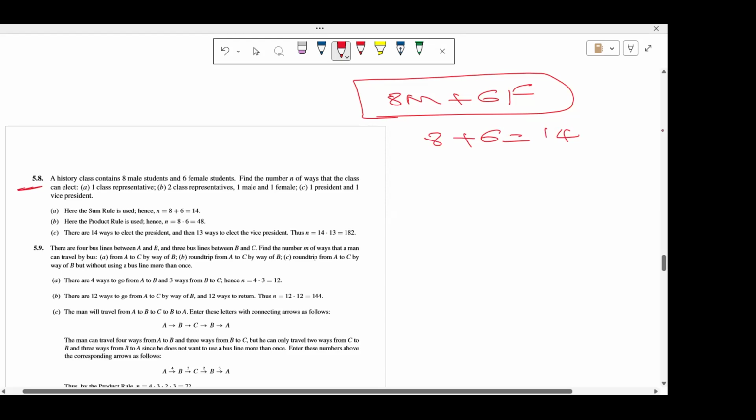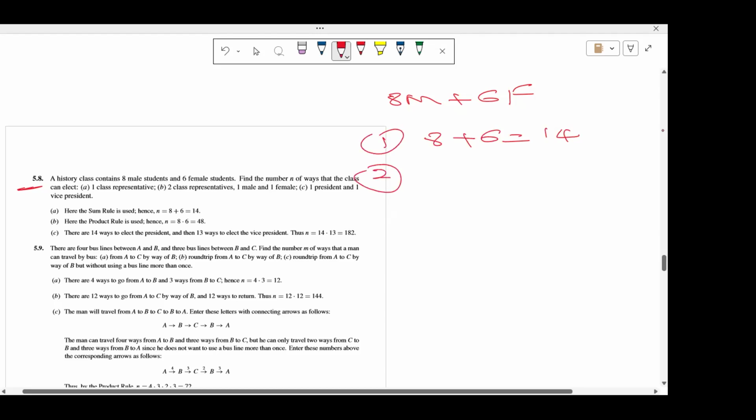So this is the population, M1, M2, M3, up to M8, also F1, F2, up to F6. Altogether we have 14 options. Likewise, we can select the representative in 14 ways. That is the answer for the first question. Why? There are no restrictions.